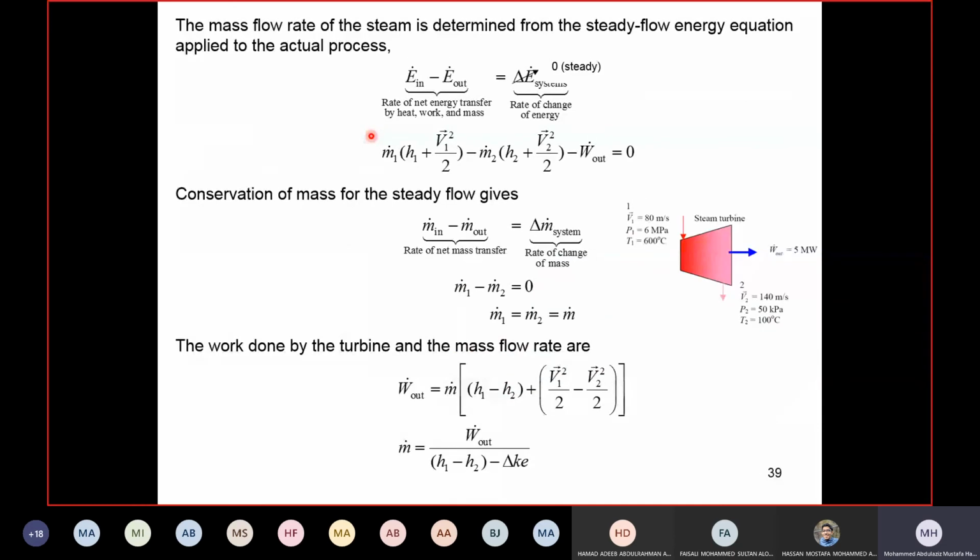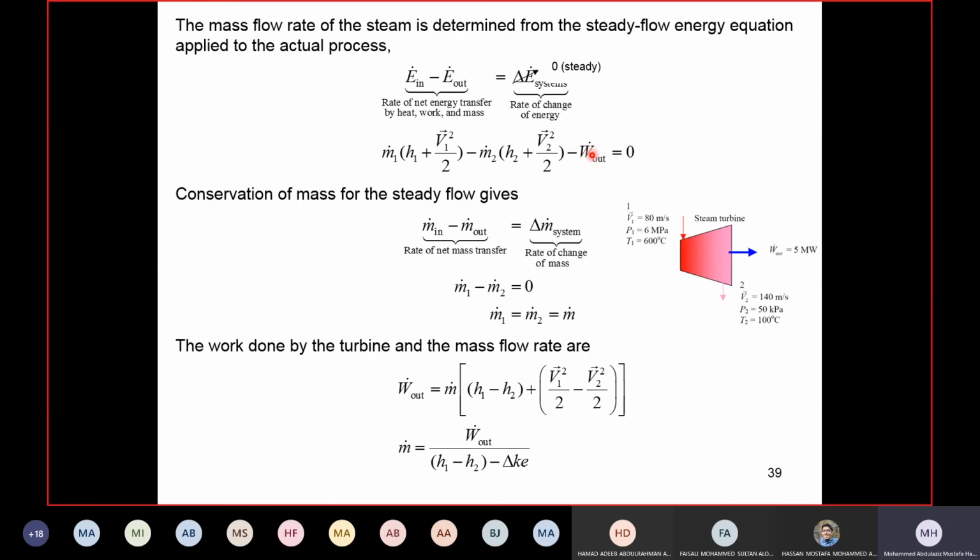First of all, because we are given the power here, and we can calculate the work per kilogram, it comes to our attention that we need to calculate the mass. So we apply the energy equation. This is thermodynamics 1: m_dot(h1 + V1²/2) minus m_dot(h2 + V2²/2) minus W_out equals 0. W_out, the power out, is 5 megawatt, which we are given.